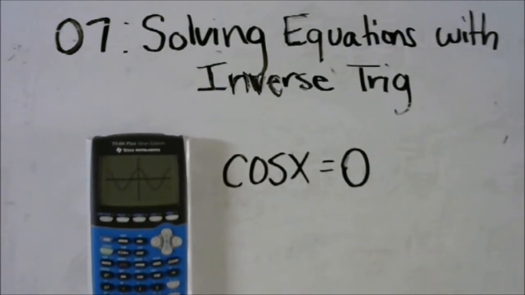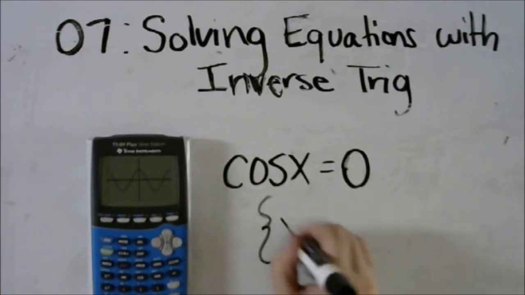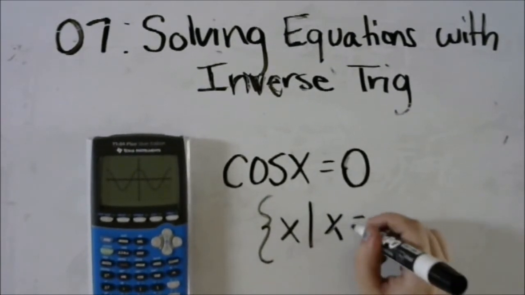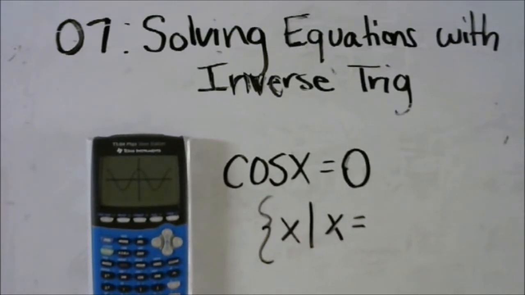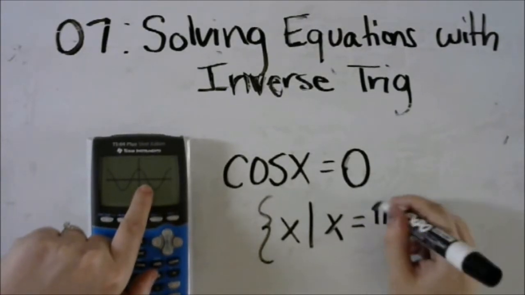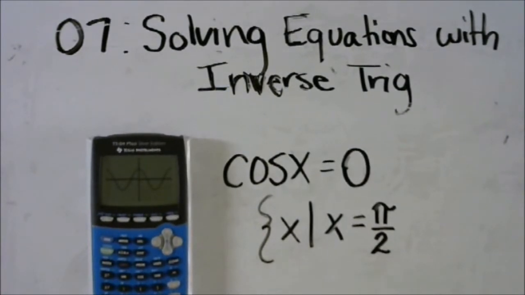Here's how we'd like to write our solution. X is the set of numbers where x is equal to, and just like when we wrote our asymptote equations back in the graphing objective, we're going to list the first solution, and we're going to create a formulaic way of finding all of the other solutions.